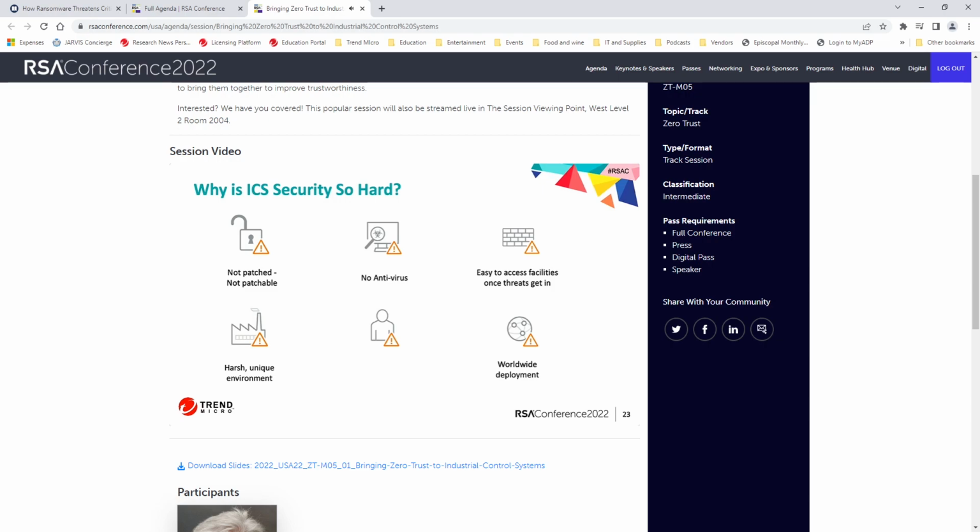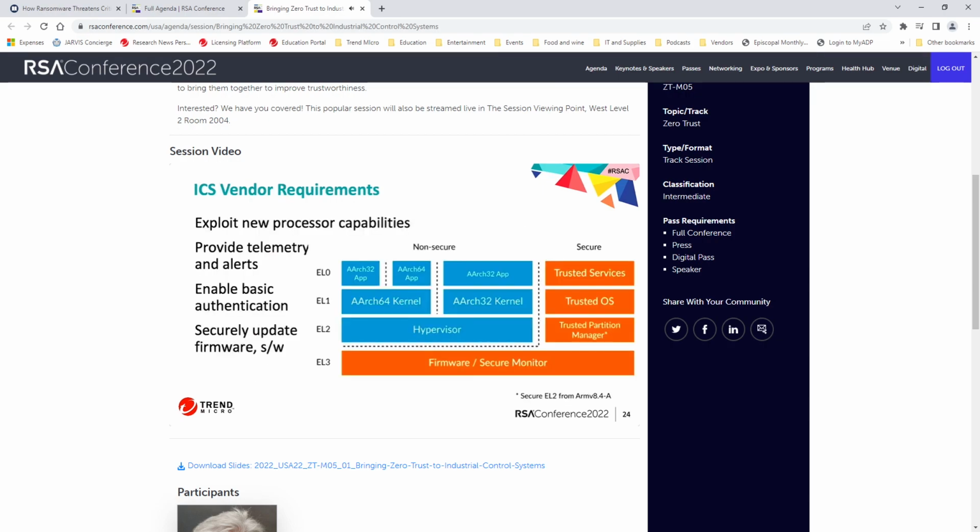Now, when I'm looking at requirements, this is a chart from ARM. It's talking about their new capabilities, and this is a really cool processor. The stuff in blue to the top left, that's the processor that runs what you bought the chip to do. The stuff in orange is the capability to handle security. So this chip can not only tell you what's going on with the sensor, what's going on in the pressure vessel, but it can also decrypt a message.